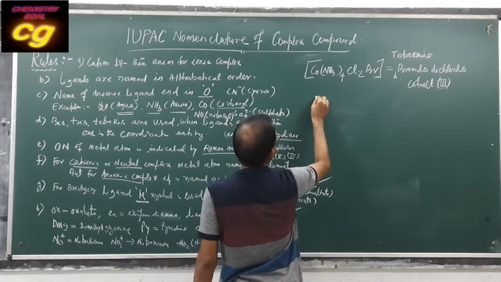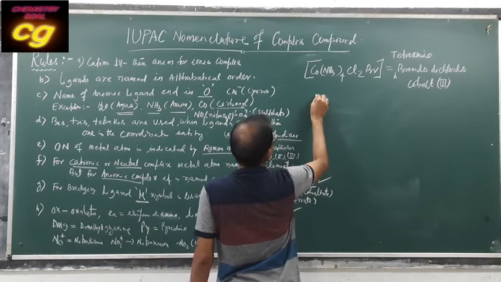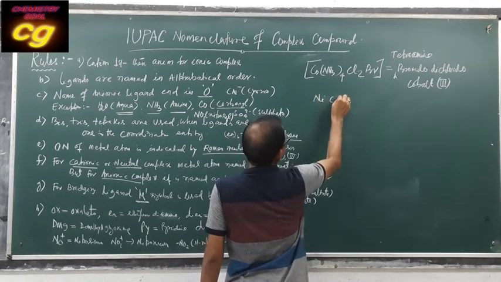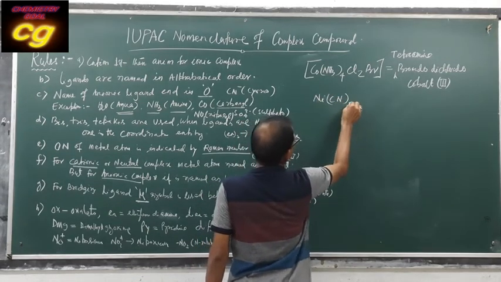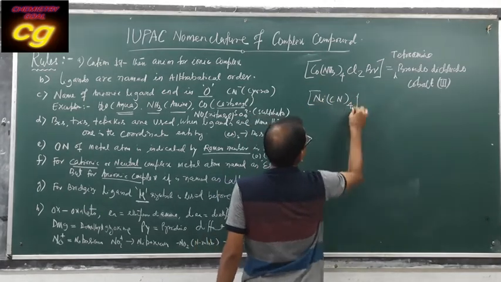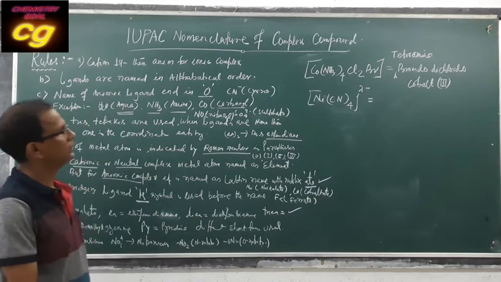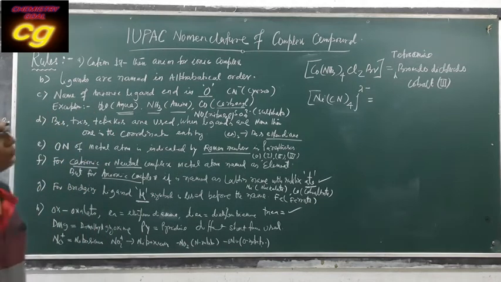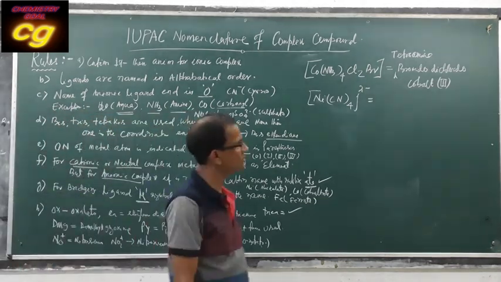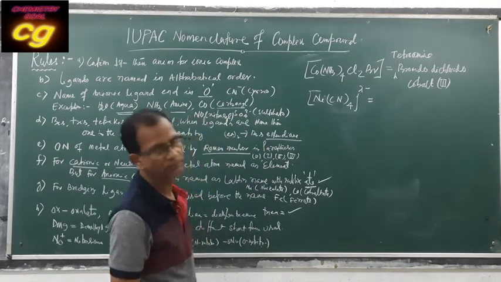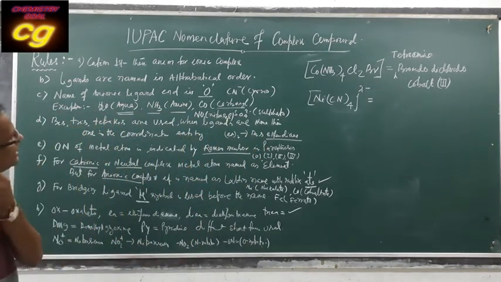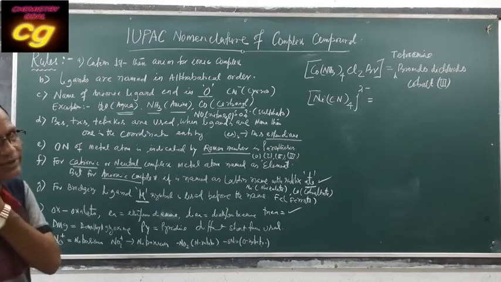So the complex is like this: Fe(CN)4 whole bracket 2 minus. What is the name? Try to solve it. I am giving half a minute for you. Please solve it quickly.